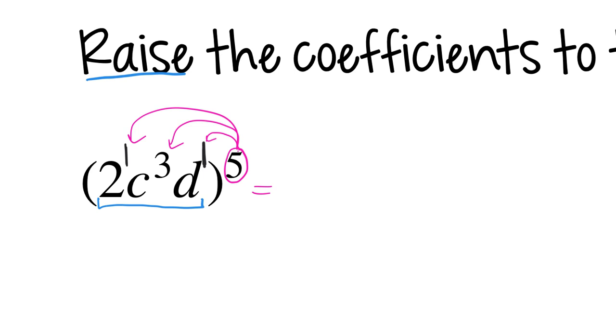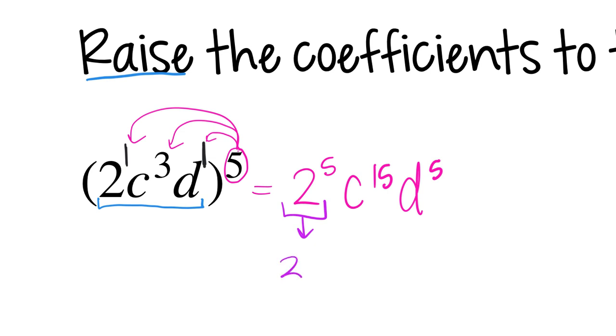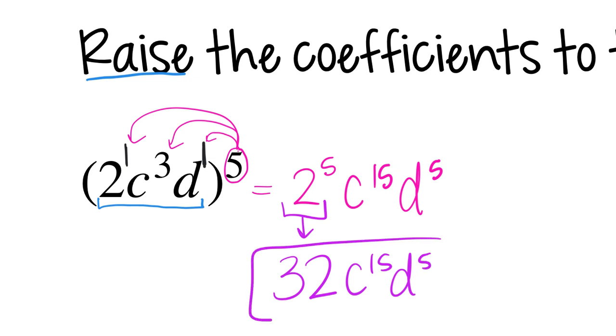So this is going to turn into 2 to the 5th power, c to the 15th power, and d to the 5th power. Now this 2 to the 5th, you can actually calculate that out. You can type that in your calculator if you want to, but let's go ahead and see what that would be. If you type that in, that's going to be 32. So we can say 32, c to the 15th, d to the 5th.